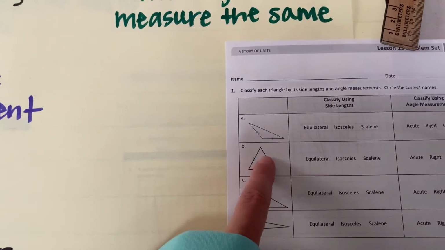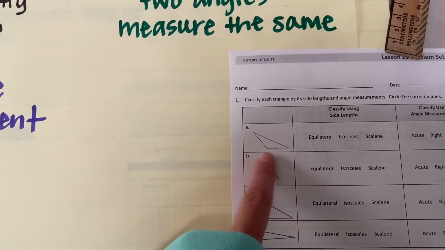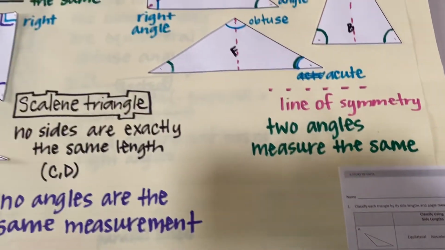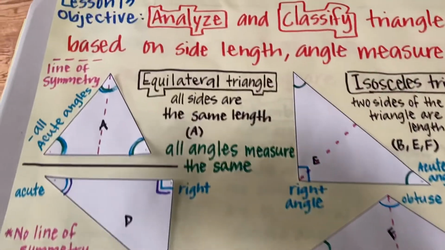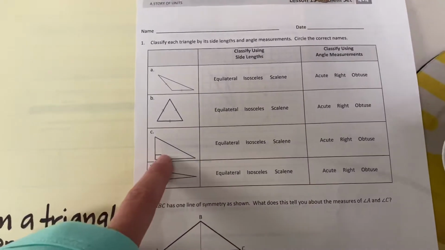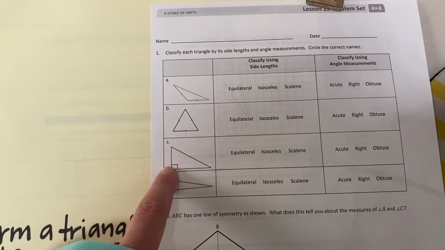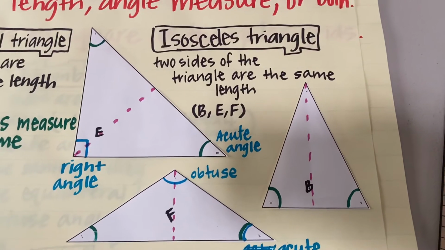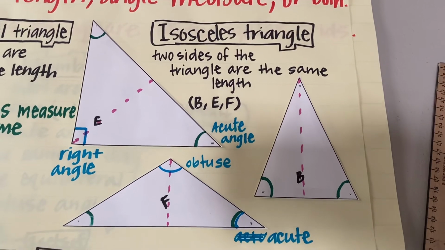B shows tick marks on all three sides. All three sides measure the same. That is a special isosceles triangle, what we call an equilateral triangle. And then this one, looking for that right angle, going back, which one of them had the right angle? Right, an isosceles triangle.